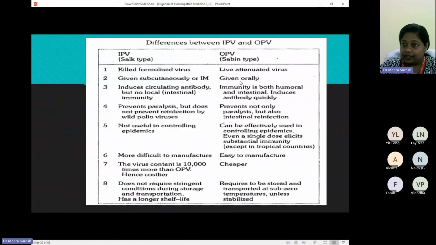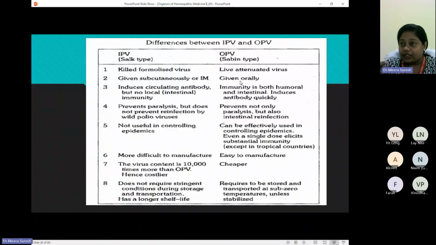And when it mutates, it can result in polio in that person or in that child who had taken the vaccine. So this is not a wild polio.